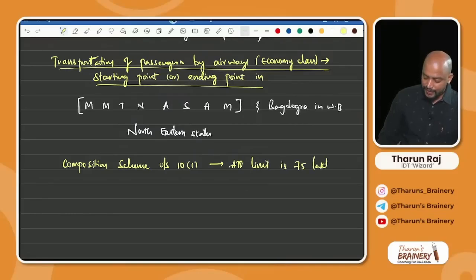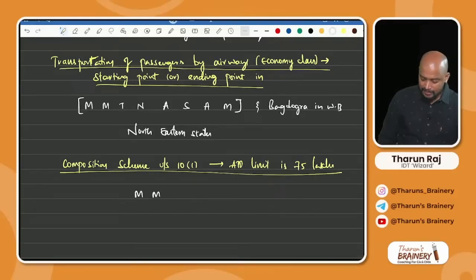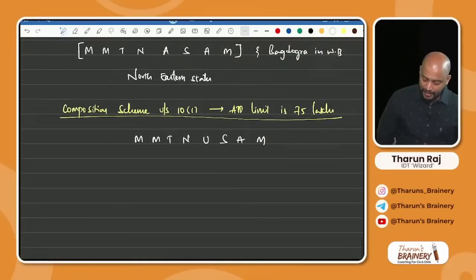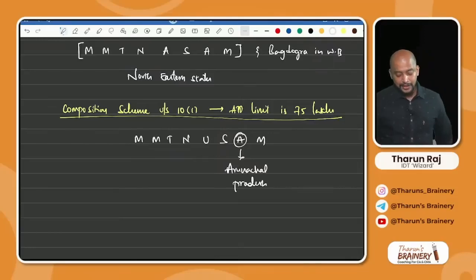So what are the states for which the aggregate turnover limit is 75 lakhs? You remember M, T, N. Then USAM. MMTN same: Manipur, Mizoram, Tripura, Nagaland. Then U for Uttarakhand, S, A, M: Sikkim, Arunachal Pradesh, not Assam, Arunachal Pradesh. So these are the states that you need to remember.